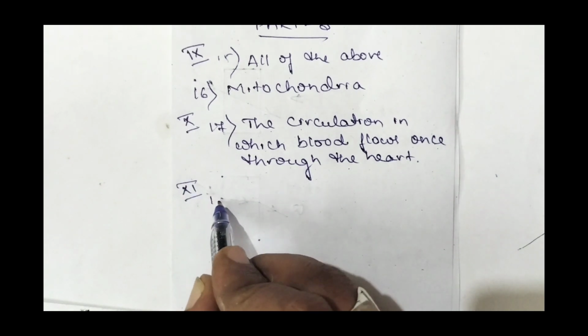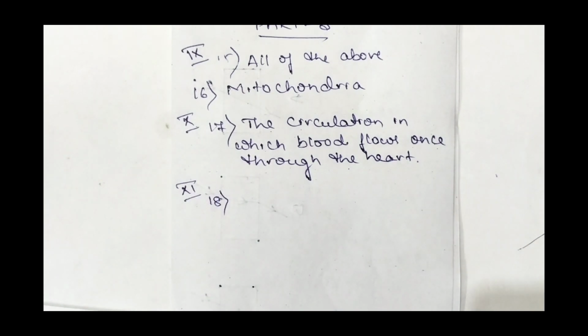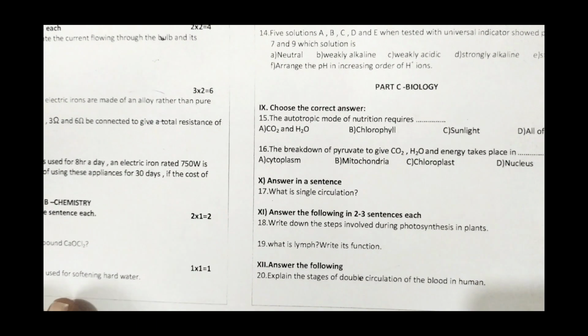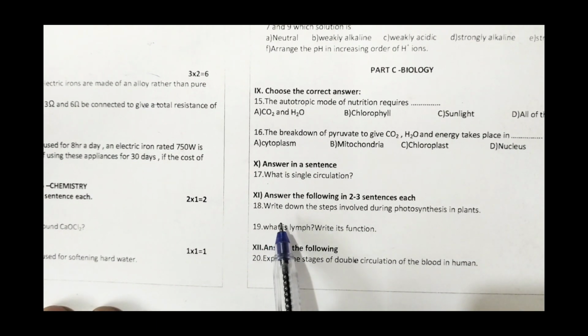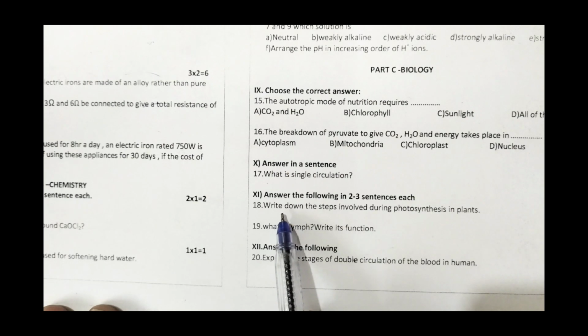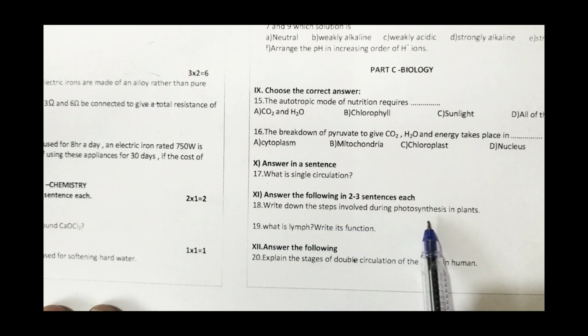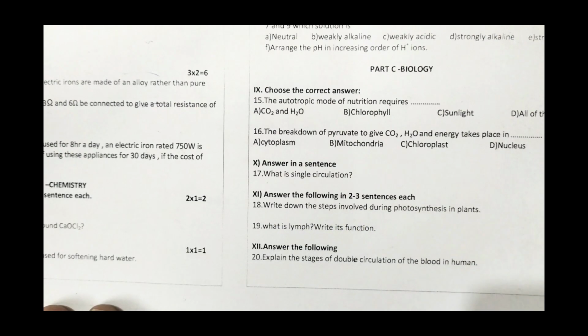So now let us move to the next question, that is the 18th question. The question is: write down the steps involved during photosynthesis in plants. So now let us write down the steps involved during photosynthesis in plants.